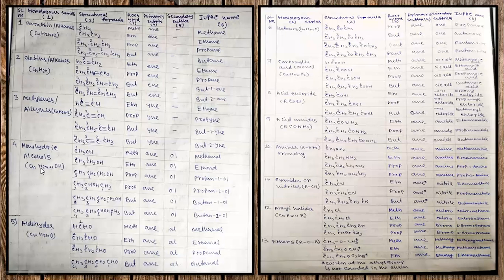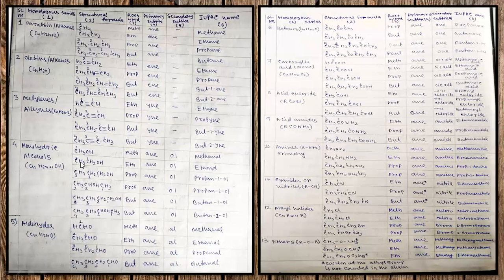Okay. Now come to alcohol. The general formula is CnH2n+1OH. OH means the hydroxyl group, which states that the compound is alcoholic in nature. So if an OH group or hydroxyl group is attached to a single carbon compound, it's called methanol. There is an example.